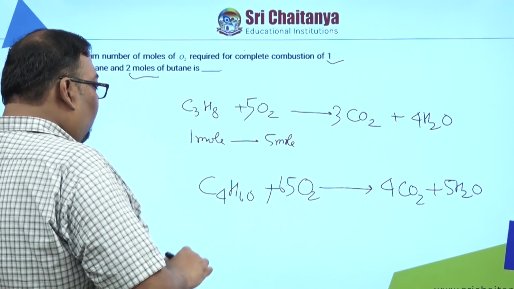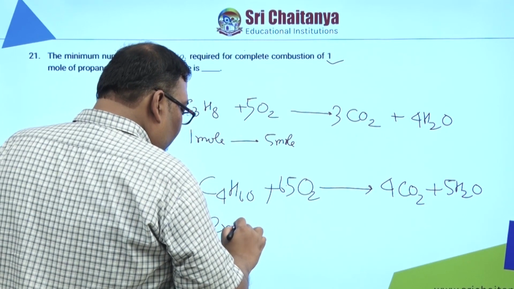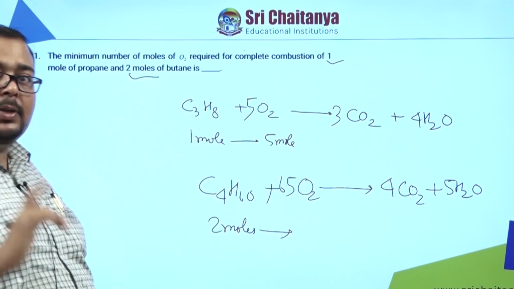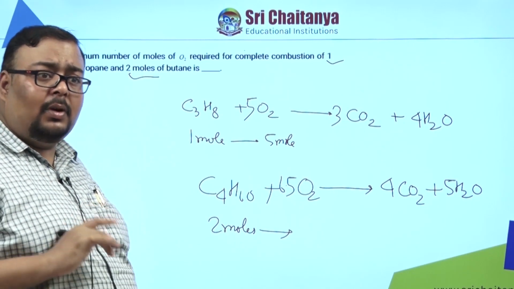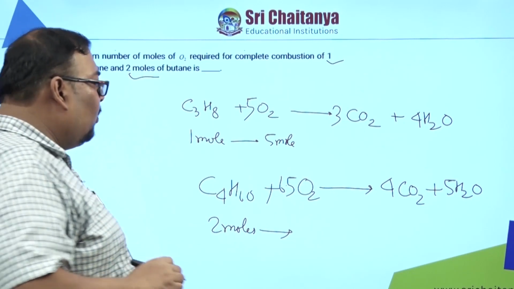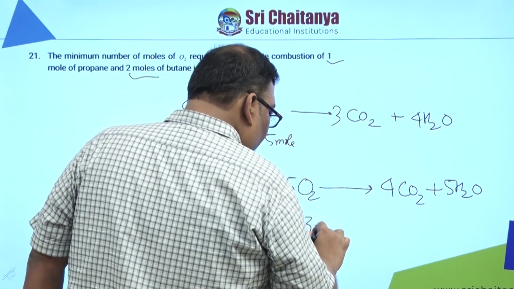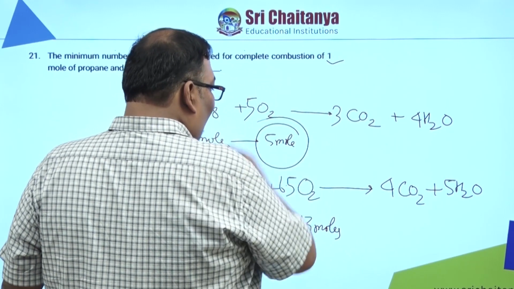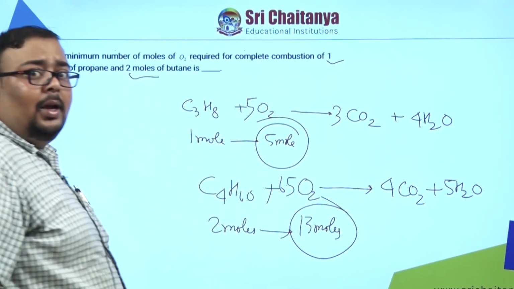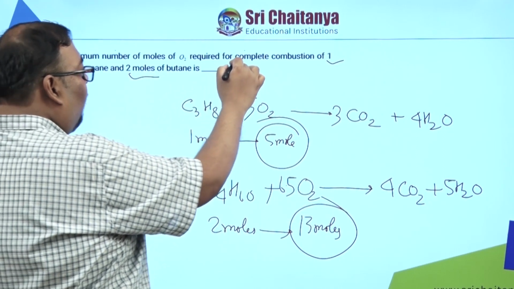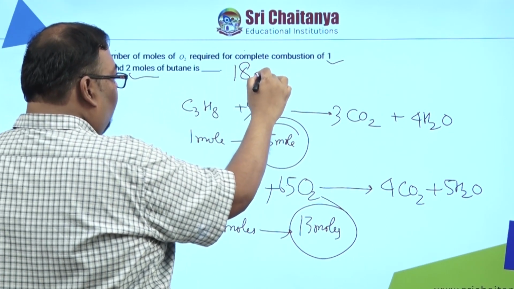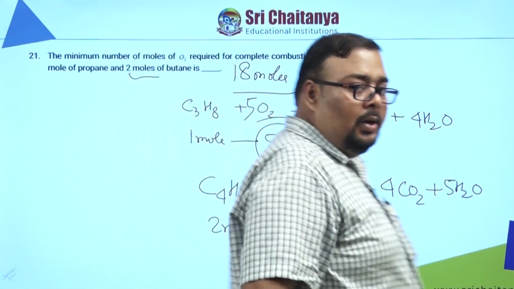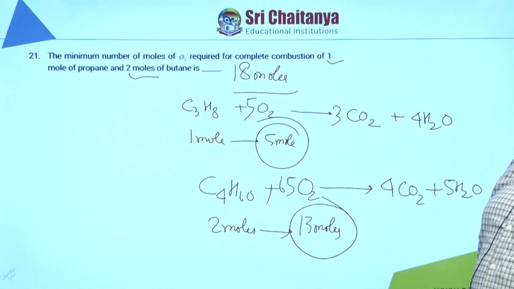Now here we are using 2 moles of butane. 1 mole is reacting with 6.5 moles of O2, so 2 moles of butane will react with 13 moles of O2. Now I am having 5 moles here and 13 moles here, so the total number of moles of oxygen will be 18 moles. So the answer will be 18. So this is question number 21.